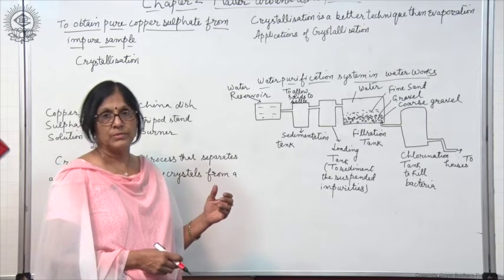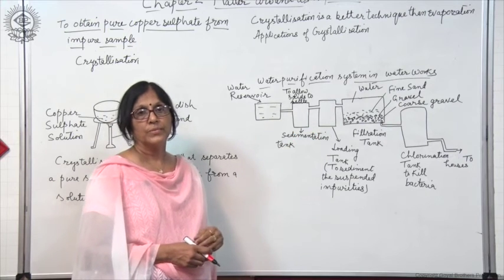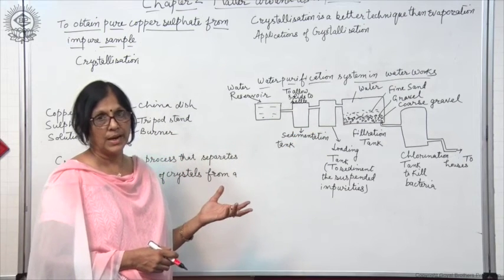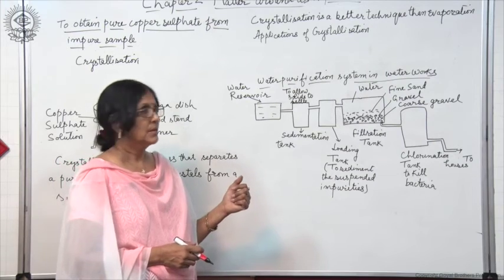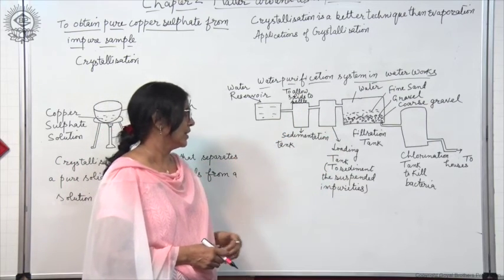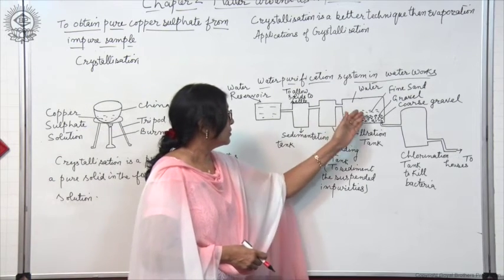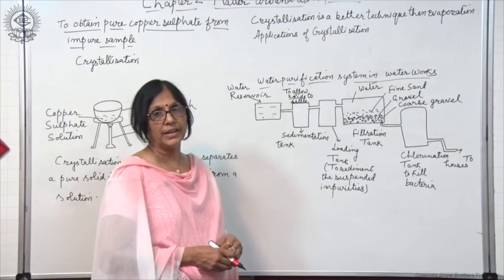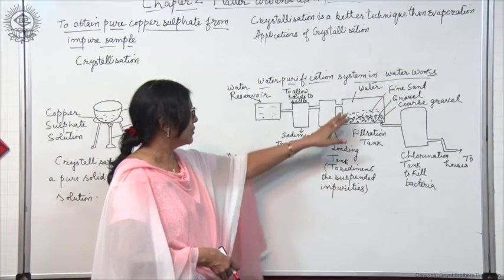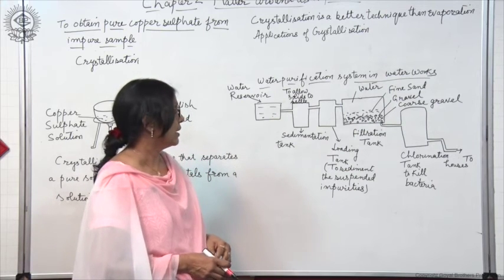Here the suspended impurities which still remain in the water are made heavy by adding some substance, so that these impurities become heavy and they settle down. Then the water is passed through the filtration tank, which is packed with fine sand, gravel and coarse gravel.